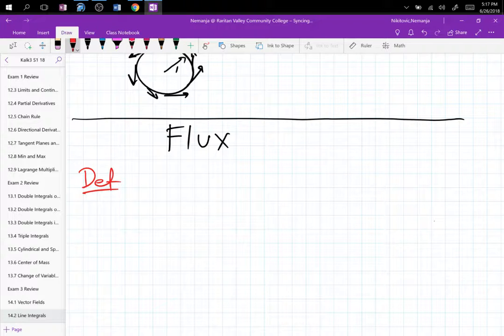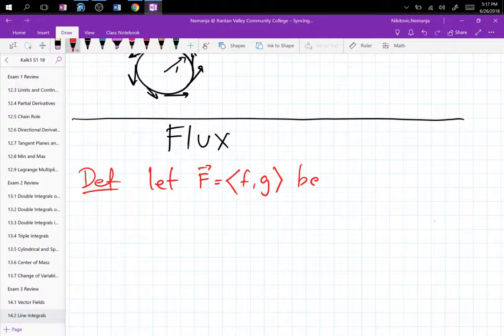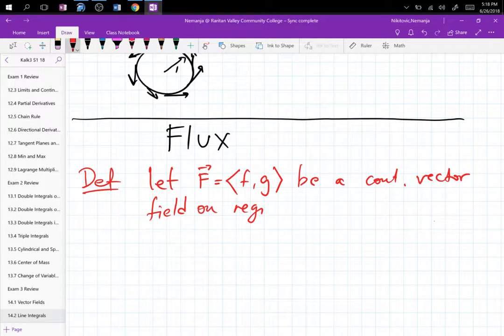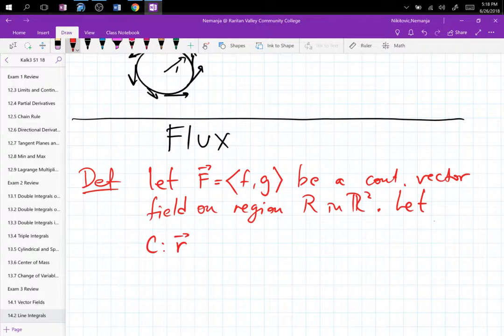All right, so let vector F, which is given as F, G, right? We have those two functions in there, be a continuous vector field on region R in R2. Let C be parametrized, right?